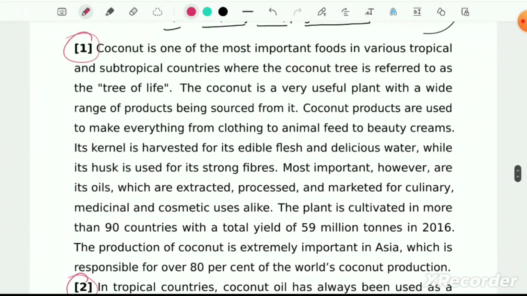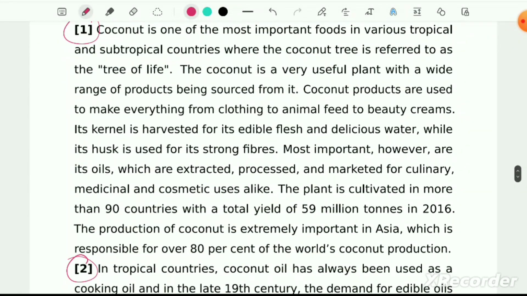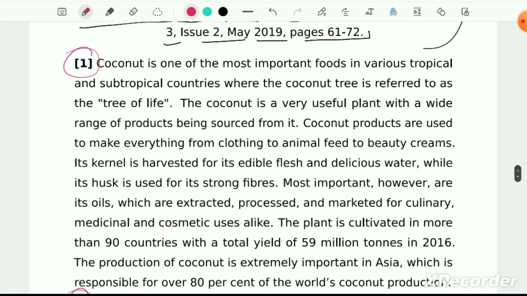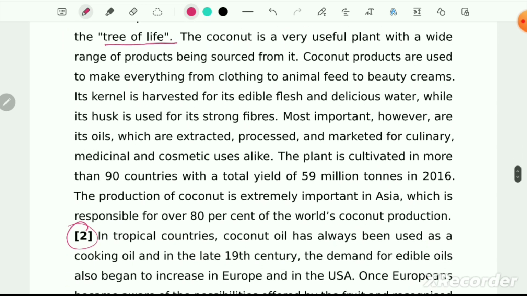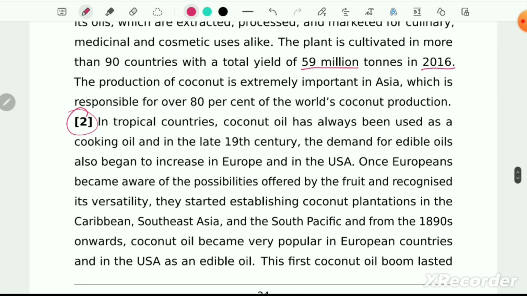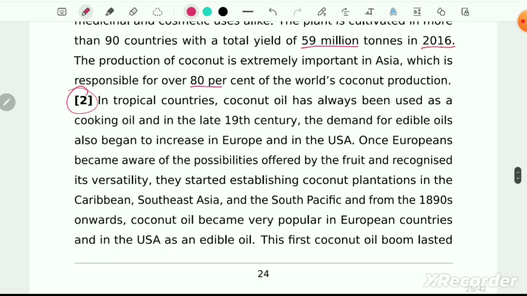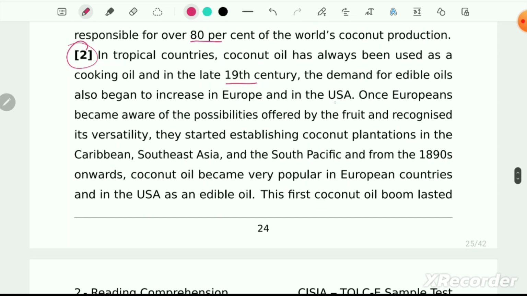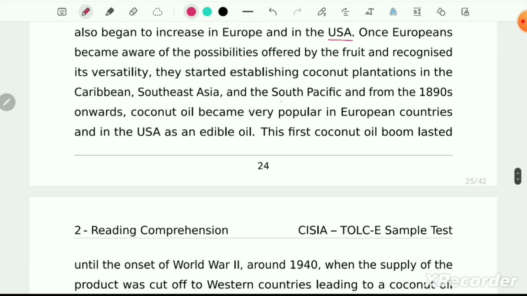Skimming means just keep your eyes moving, you don't need to read them, never read them. If you find something interesting, you can just highlight, like tree of life, then 59 million, 2016, 80%, 19th century USA, Caribbean, Southeast Asia, some country names, the 1890s.